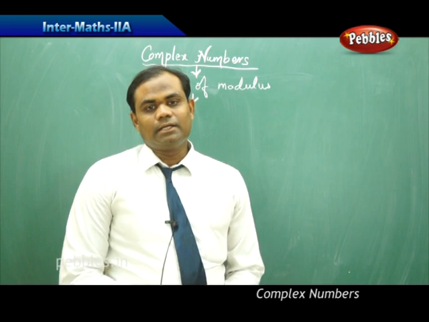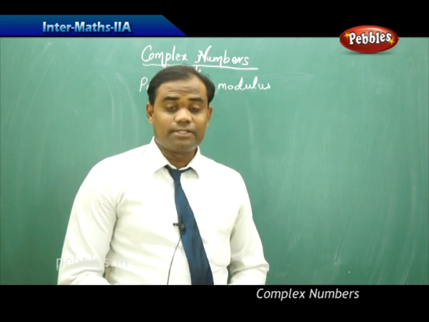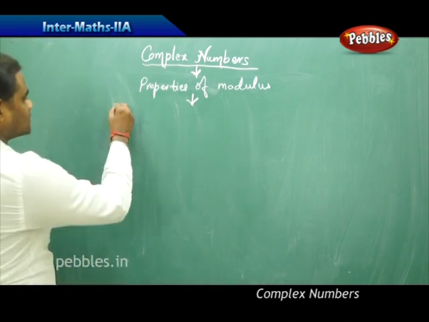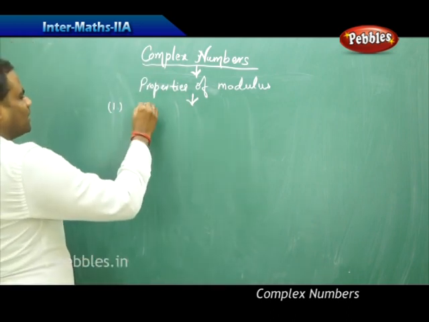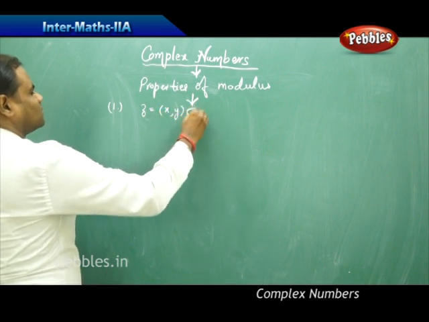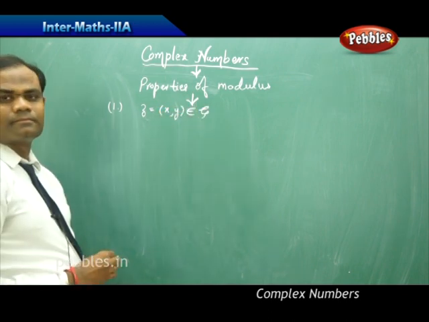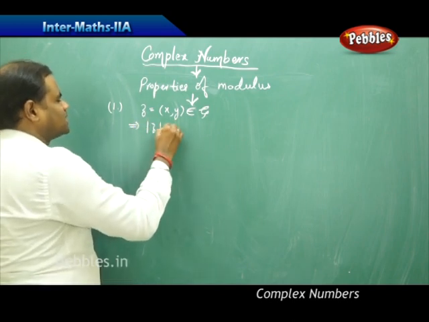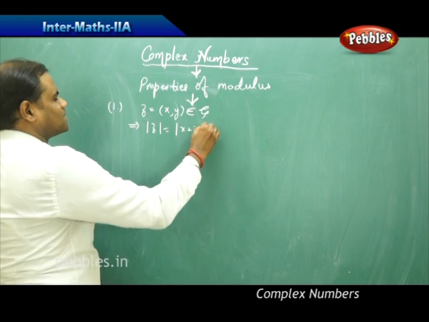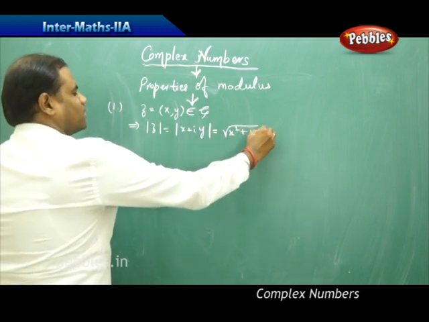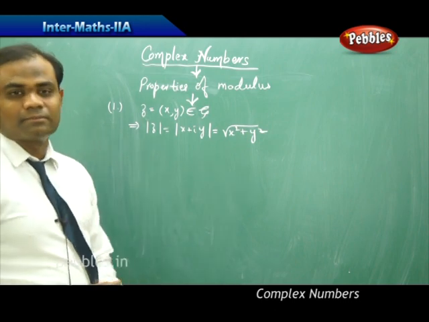Now let's see what happens if the magnitude is 0? So we take it as one of the exclusive property. That is, if the first property I take z equals x, y belong to C. Now in this case, that implies mod z is mod of x plus iy, that is root of x square plus y square, as we have recently defined.